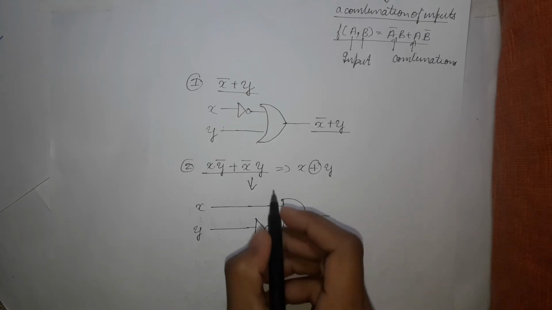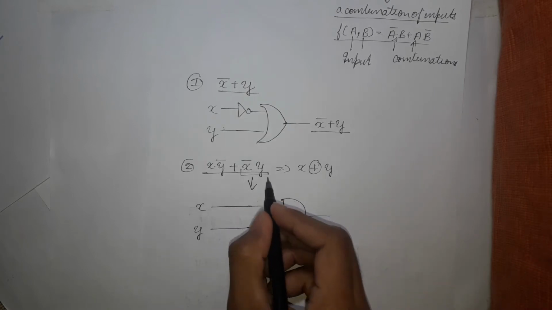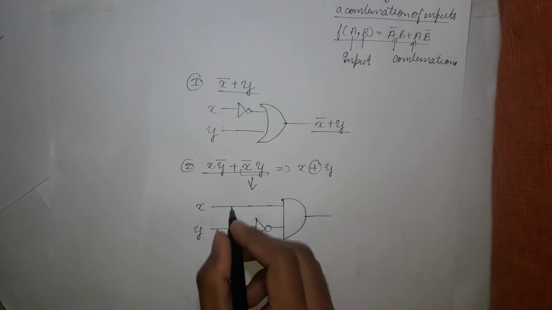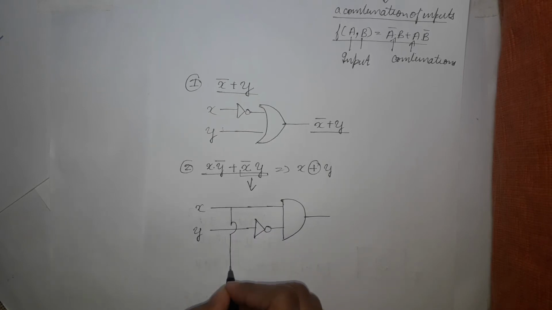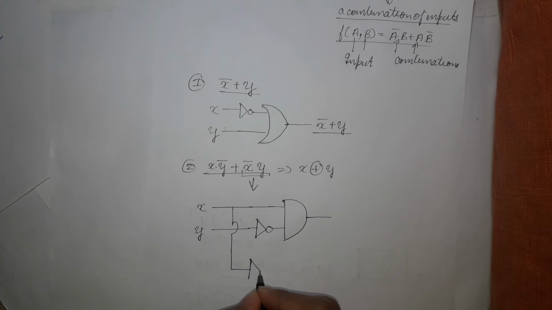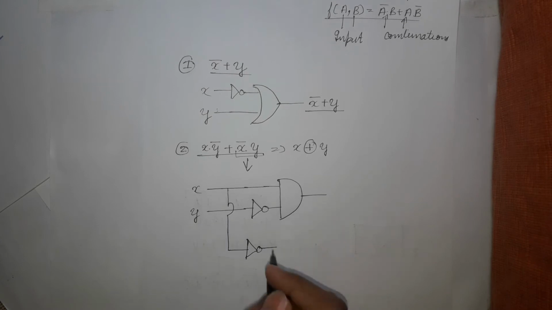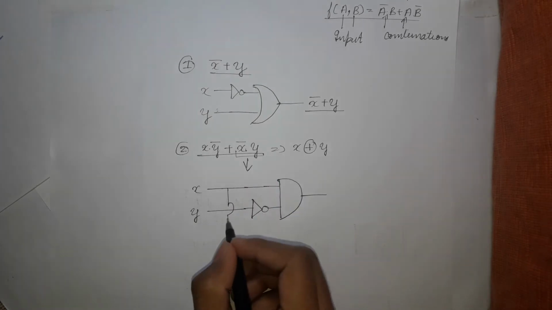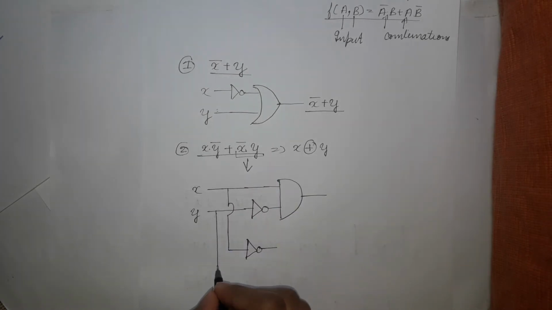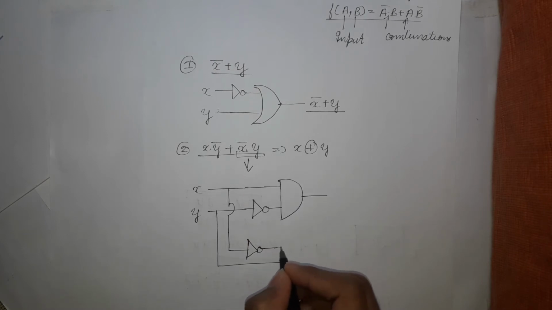Now the second function demands the inversion of x, so here we go with the inversion of x. Now with the ANDing of y, so y goes here.